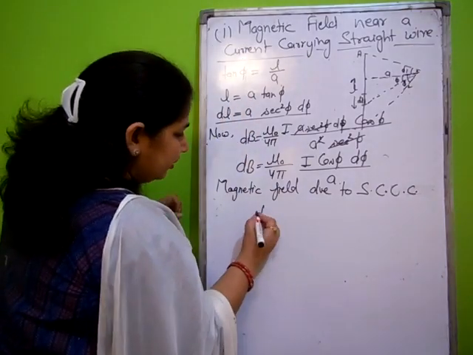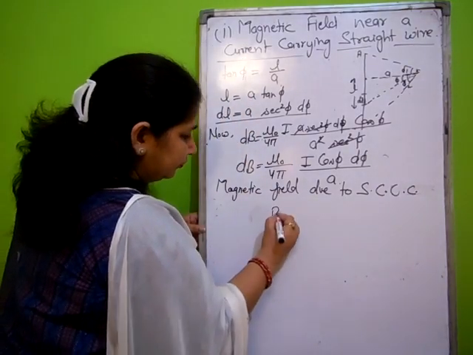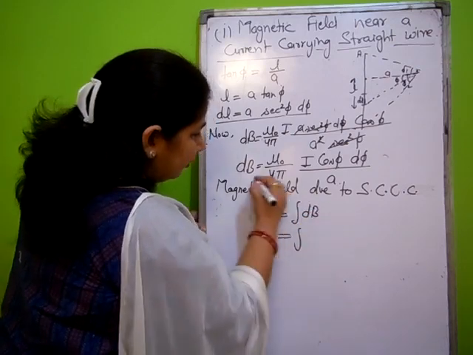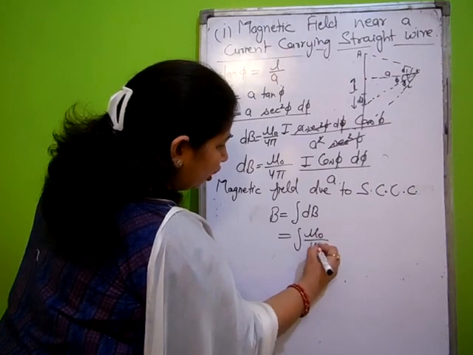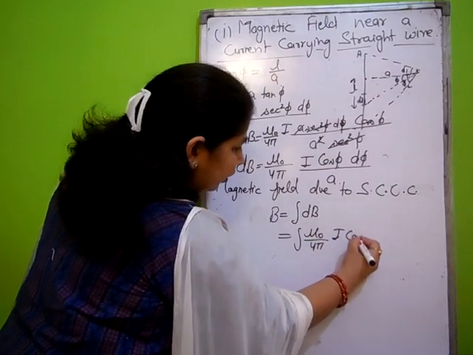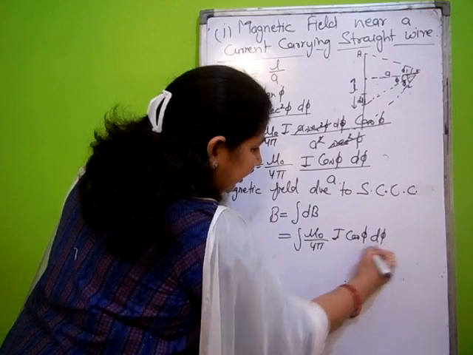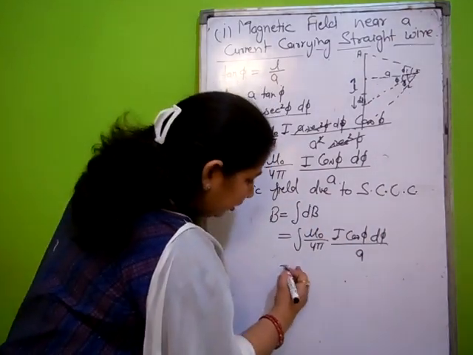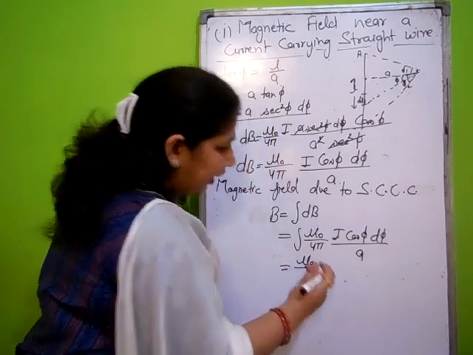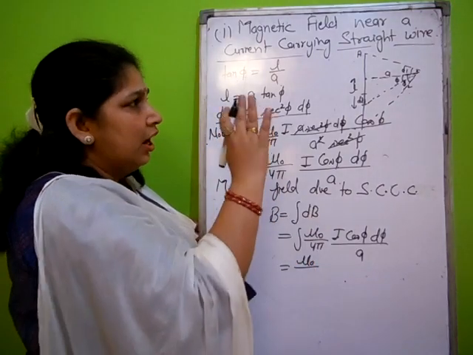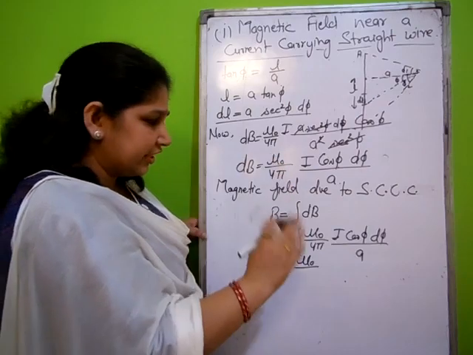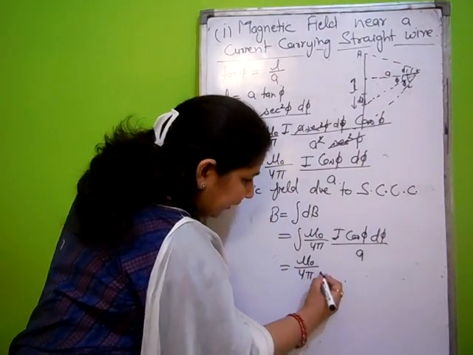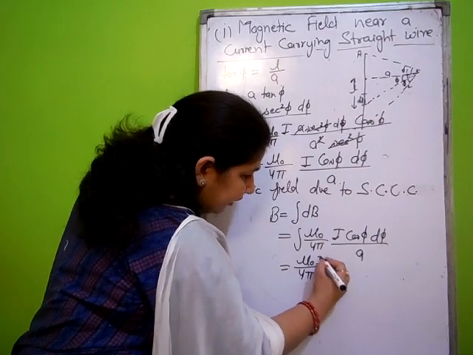Then B is equal to the integration of dB, write the value mu naught upon 4 pi I cos phi d phi upon A. Take the common terms outside the integration, as mu naught will remain the same until and unless the medium around the current carrying conductor changes. So mu naught upon 4 pi A and I.